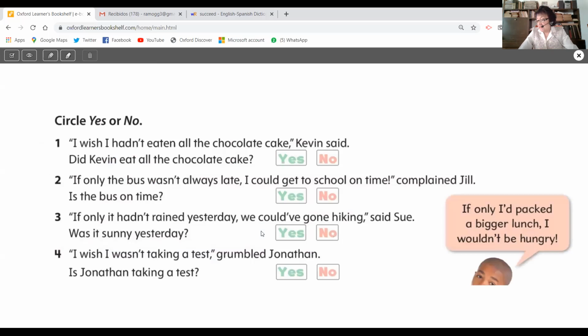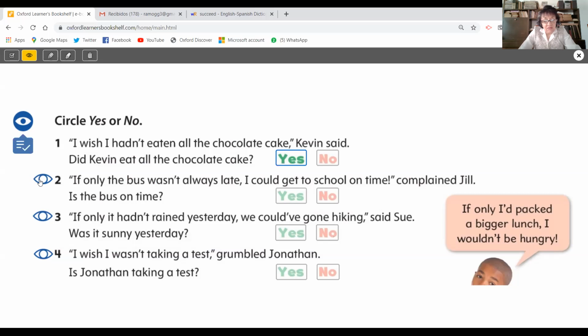It says circle yes or no. I wish I hadn't eaten all the chocolate cake, Kevin said. So, did Kevin eat all the chocolate? Yes or no? Yes, he did. If only the bus wasn't always late, I could get to school on time, complained Jill.